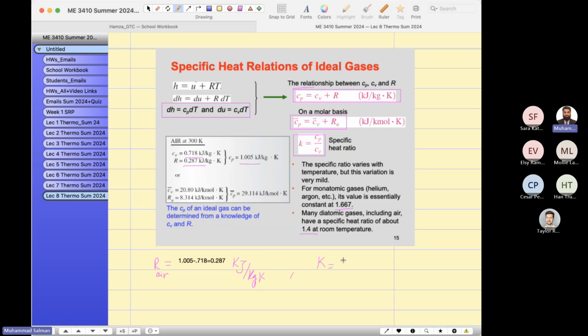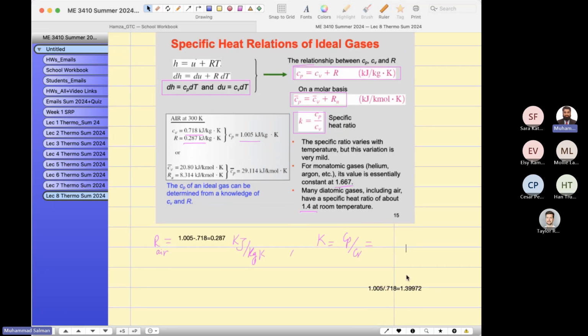And the ratio of specific heats at constant pressure and constant volume for air can be found using this relationship. It is about 1.4. For diatomic gas, this is about 1.4, and for monatomic, this is about 1.67.